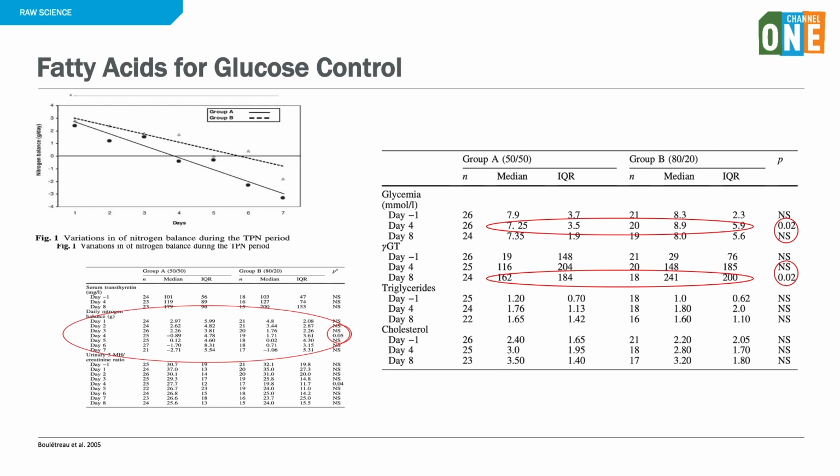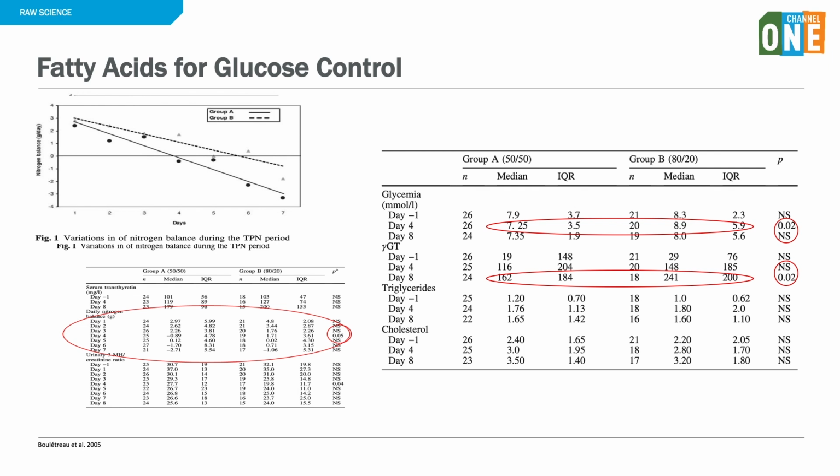And what they actually saw was quite interesting. Indeed, they saw a better control of the nitrogen balance in the patients that received more glucose, although this could be achieved in other ways, and this was only on day 4.